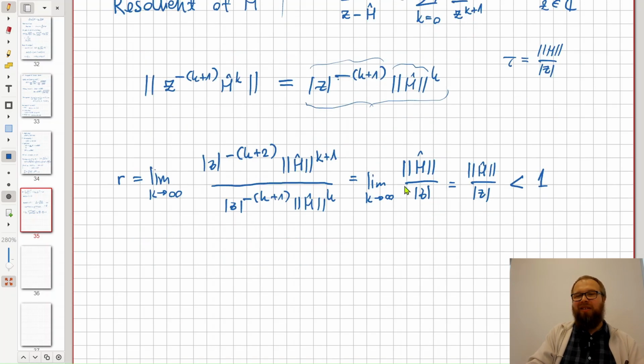But this condition is not always satisfied. If you are given the Hamiltonian, it has some norm. z is a parameter here, so not for all z's this will be satisfied.